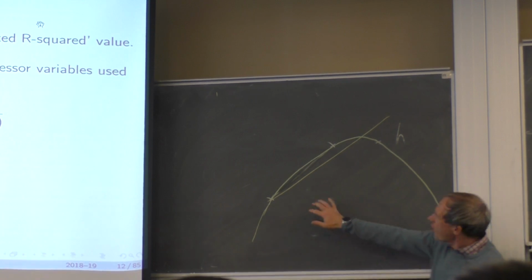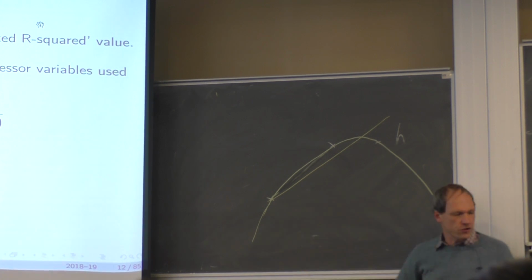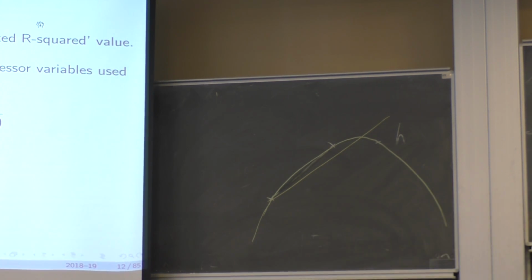But unless we really were confident that there should be no random term in our model, and it definitely should be a quadratic, this is probably not a good idea. Why is it not a good idea?